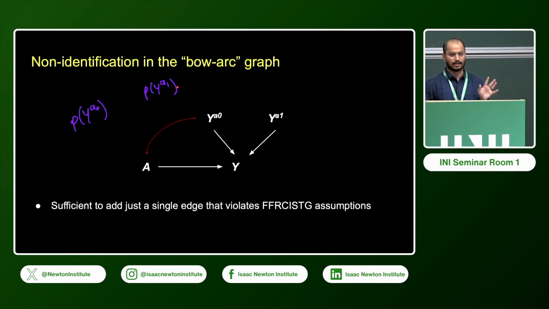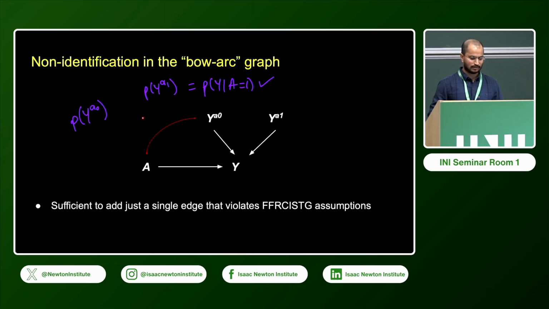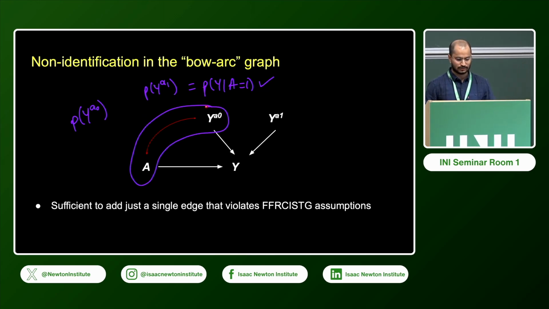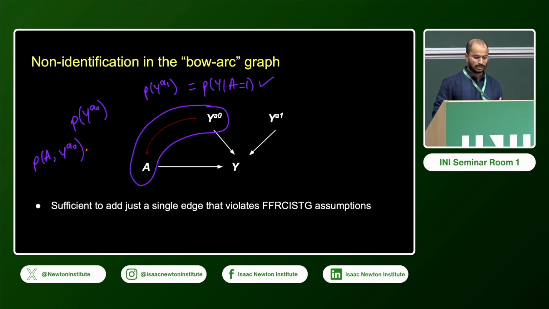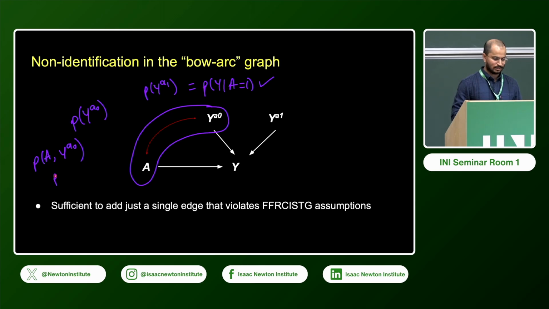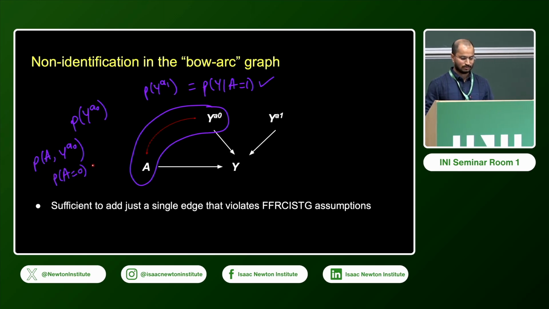Okay, so over here, I can say that P(Y^{a=1}) is still identified. So this is just equal to P(Y given A equals 1). This guy's okay. Now notice that I have this joint over A and Y^{a=0}, and I'm going to apply the Möbius parameterization again on this joint. So what are the Möbius parameters of this? It's P(A equals 0), which is identified. That's just a function of observed data.